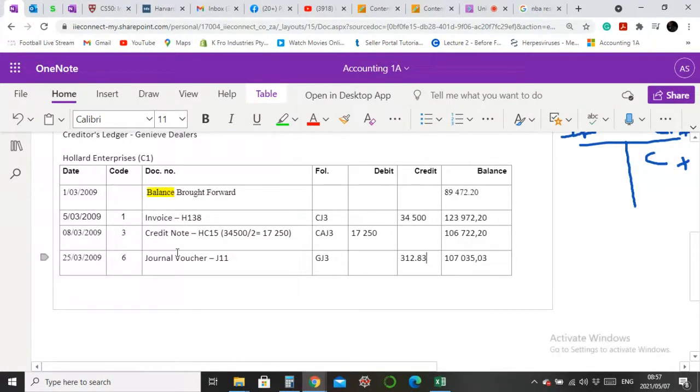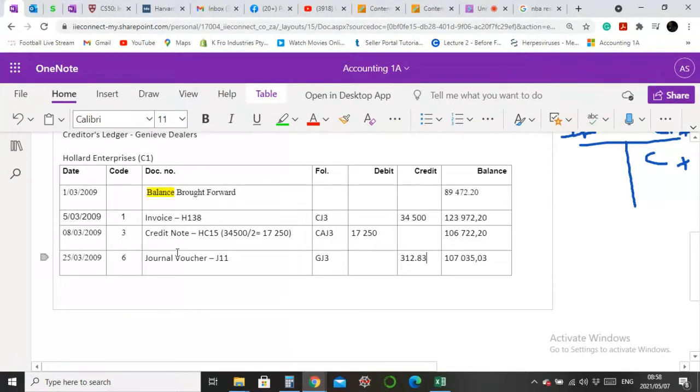Received an account statement showing a debit entry for interest of 312.83 against our account. The interest is to be accounted for with the issue of journal voucher J11.